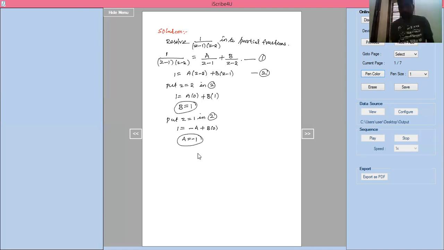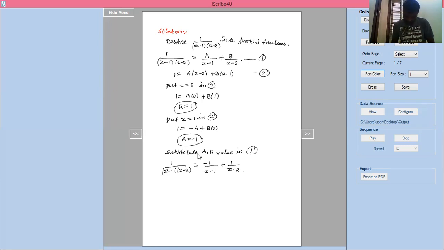Now if you substitute these a, b values in equation 1, 1 divided by z minus 1 into z minus 2 equals a, which is minus 1 divided by z minus 1, plus b, which is nothing but 1 divided by z minus 2.